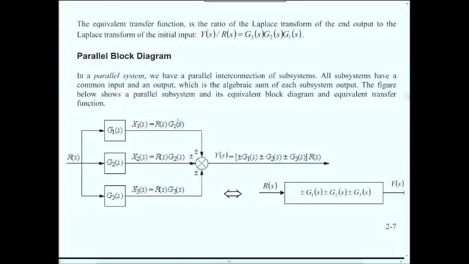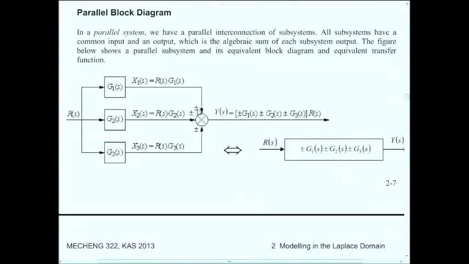Okay, so R times G1 or G1 times R, it doesn't matter which way you do it because it is just a ratio, and rational numbers can be multiplied any way you want. So then you add those together through the summing junction. Now you see here I've had arbitrary signal signs, so plus or minus, plus or minus, plus or minus, and then it shows you that the result is plus or minus, plus or minus, plus or minus, right?